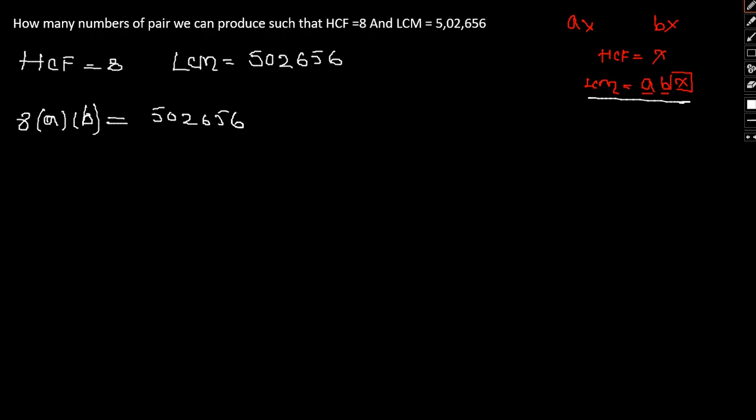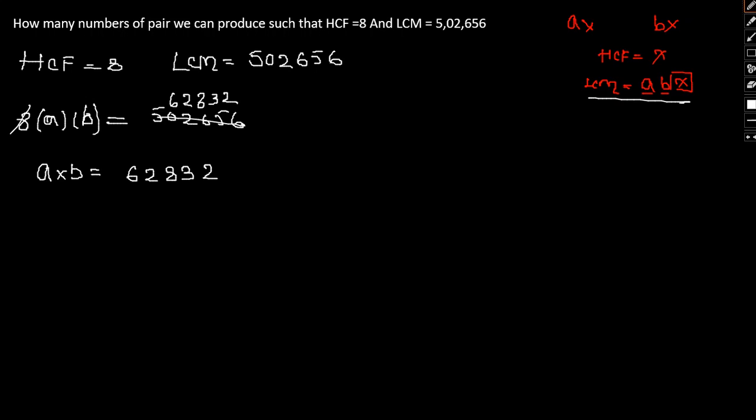Now if I try to cancel this by 8, we get 502656 divided by 8 equals 62832. Okay, so A into B can be written as 62832.